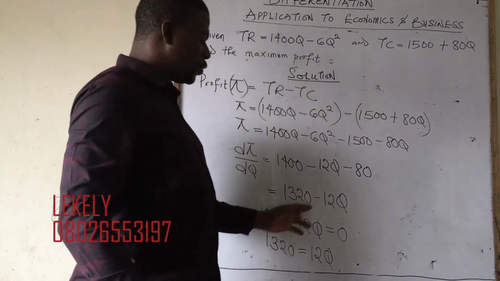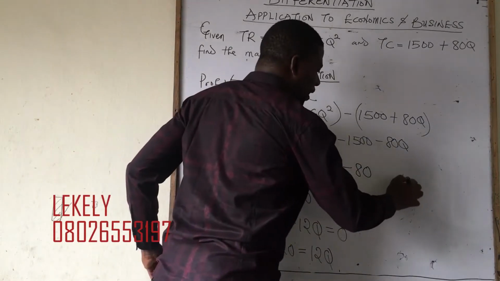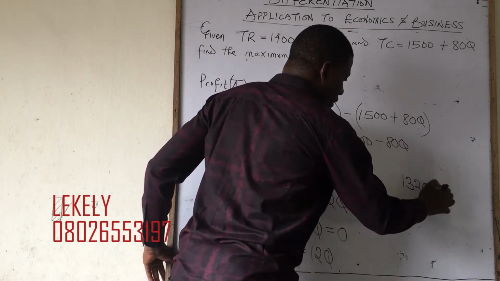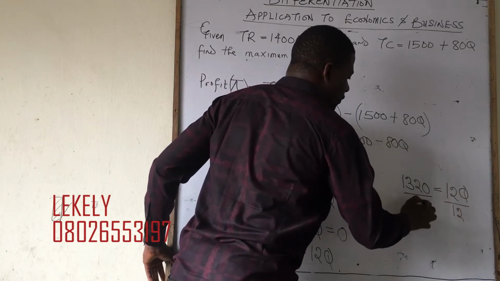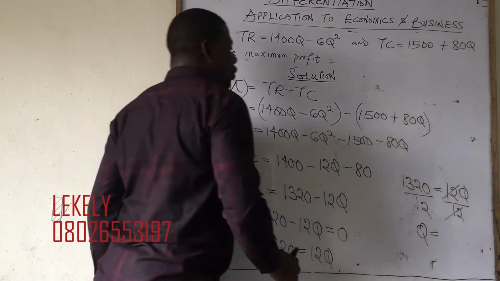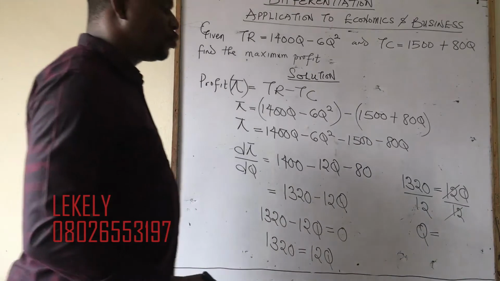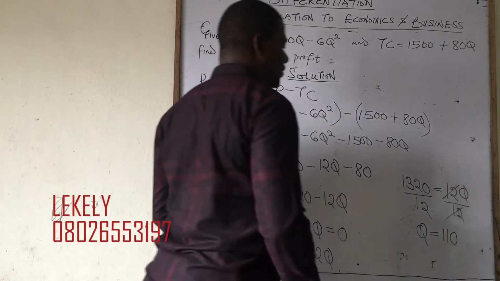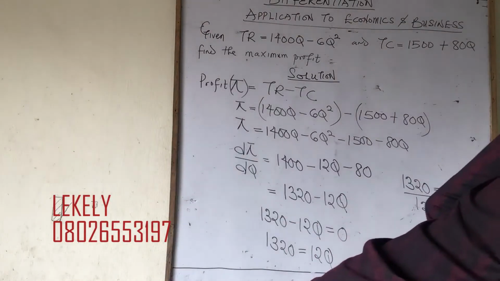To get q, divide both sides by 12. 12 cancels 12, so q equals 1320 divided by 12, which should give you 110. You can use your calculator to do that.